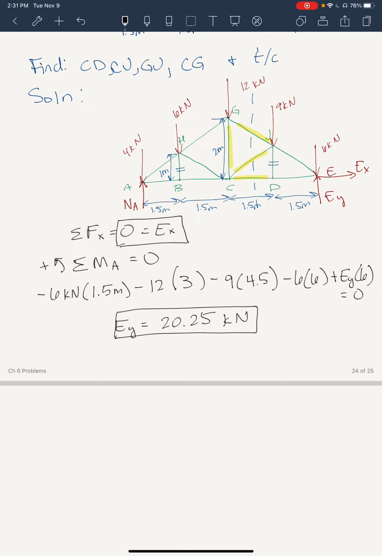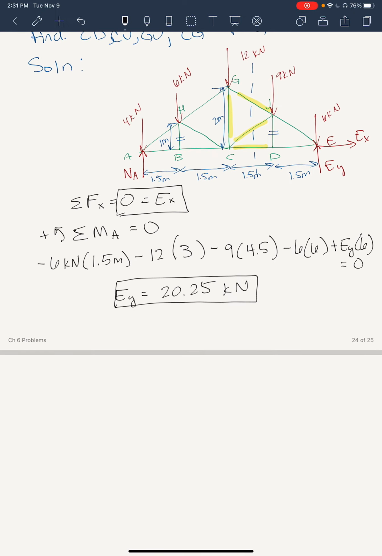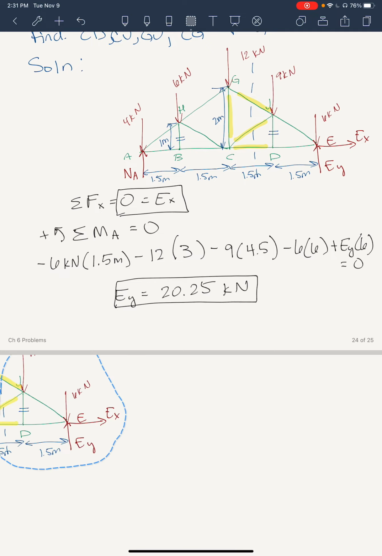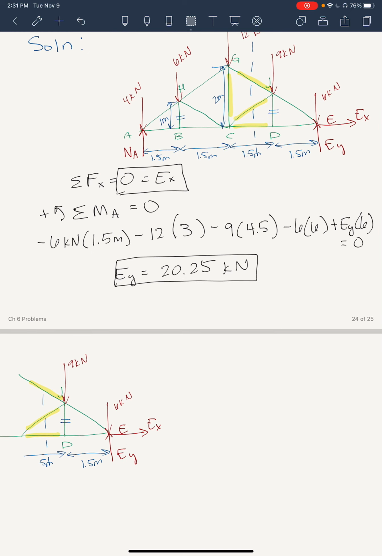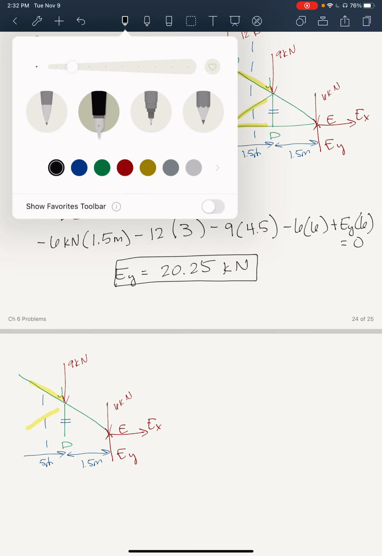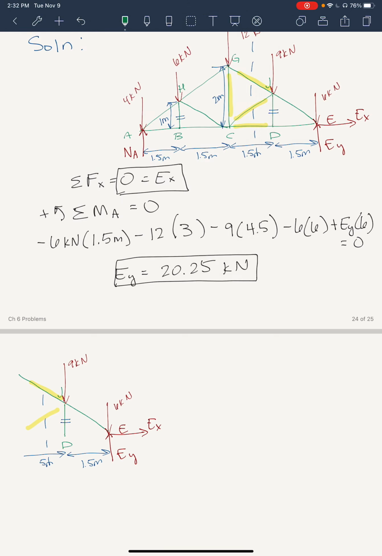Now we can take the right hand side of that section and draw a free body diagram there. So we have the right hand side of the section. Let me draw that back in.